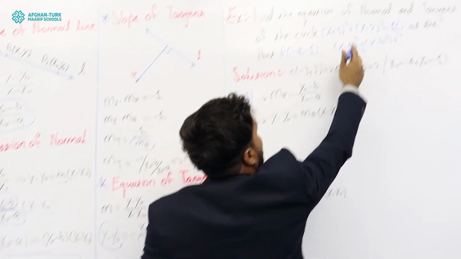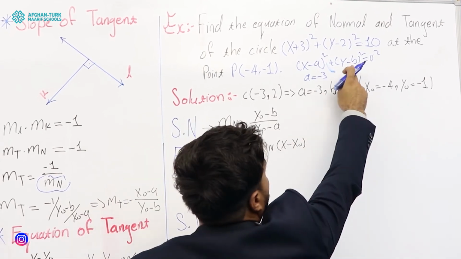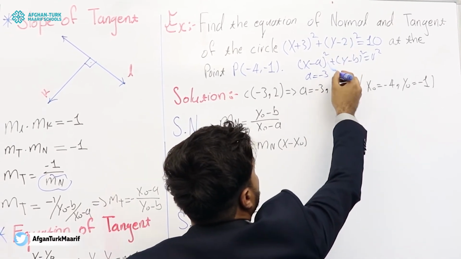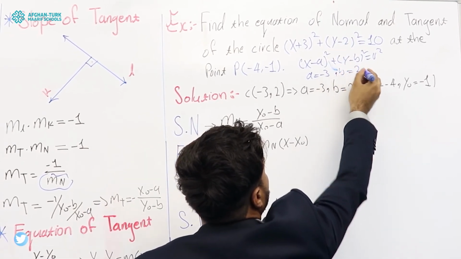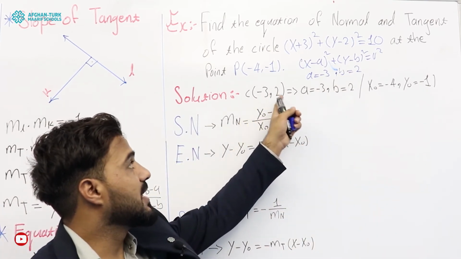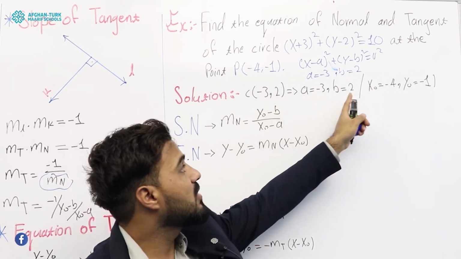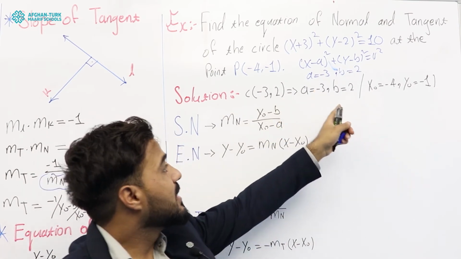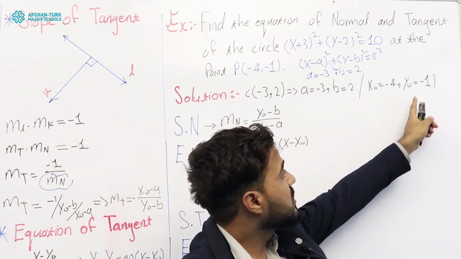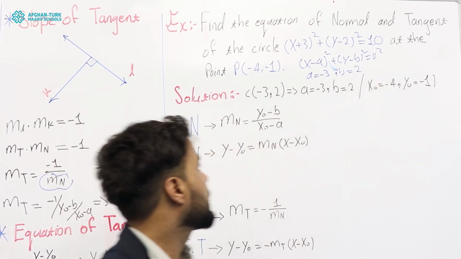It means that a is equal with minus 3, and also in here we have minus b and in here we have 2, so b is equal with 2. So the center of this circle is minus 3 and 2. So we can write that a is equal with minus 3 and b is equal with 2. Also x0 is equal with minus 4 and y0 is equal with minus 1. This is the given data of our question.